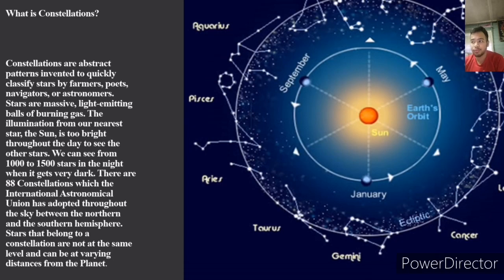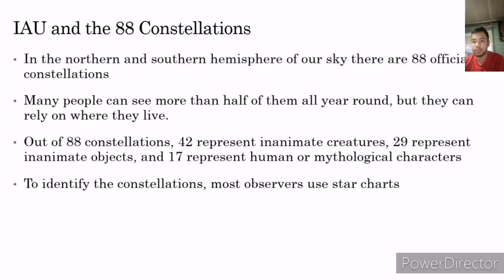So let's move to our next topic, which is the IAU and the 88 constellations. In the northern and the southern hemisphere of the sky, as we know, there are 88 constellations. Many people can see them, and more than half of them are visible all year round, but it depends on where they live.